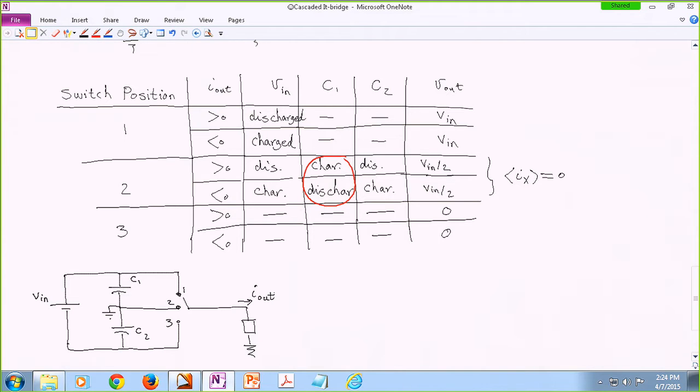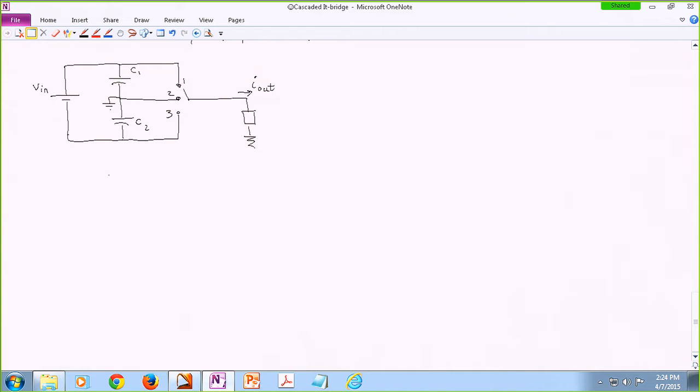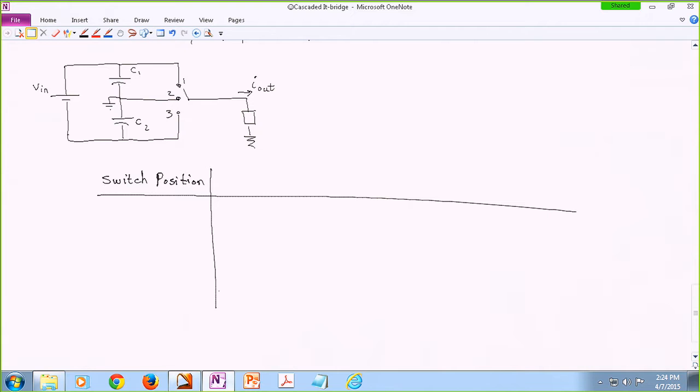I have almost a similar table for this mode of configuration as well. Let me just draw it. C1, C2, and V out.